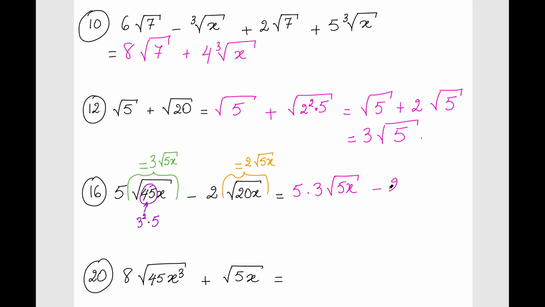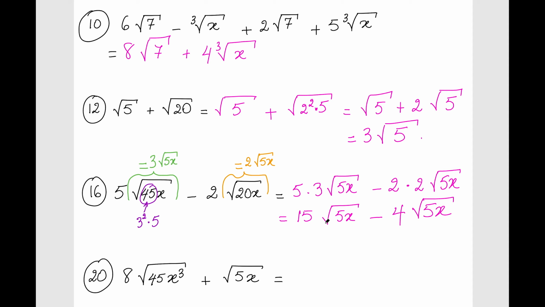And the second one is minus the 2 times this thing, which is 2 square root of 5x. Okay. 5 times 3 is 15. Square root of 5x. Minus 2 times 2 is 4 square root of 5x.